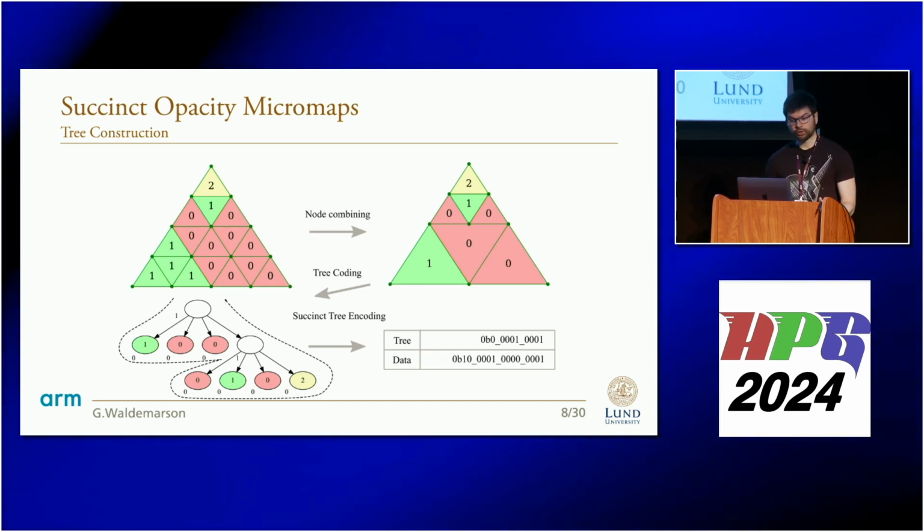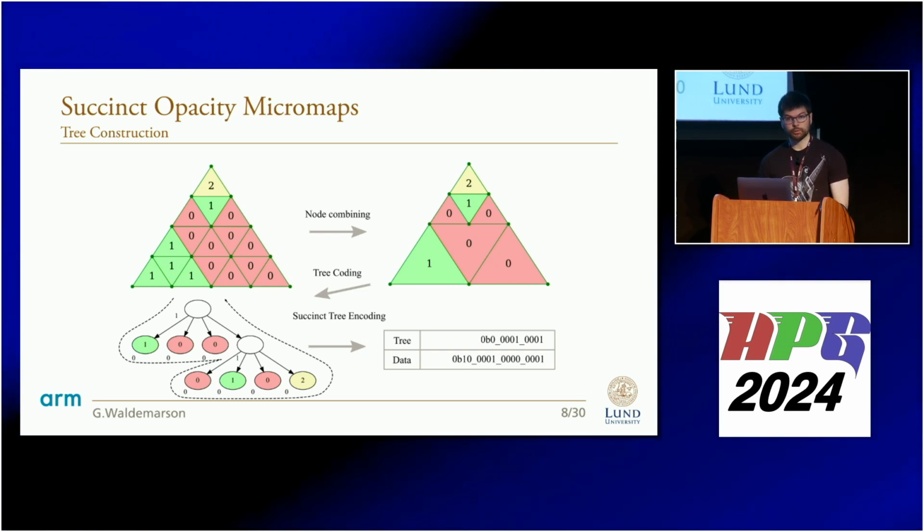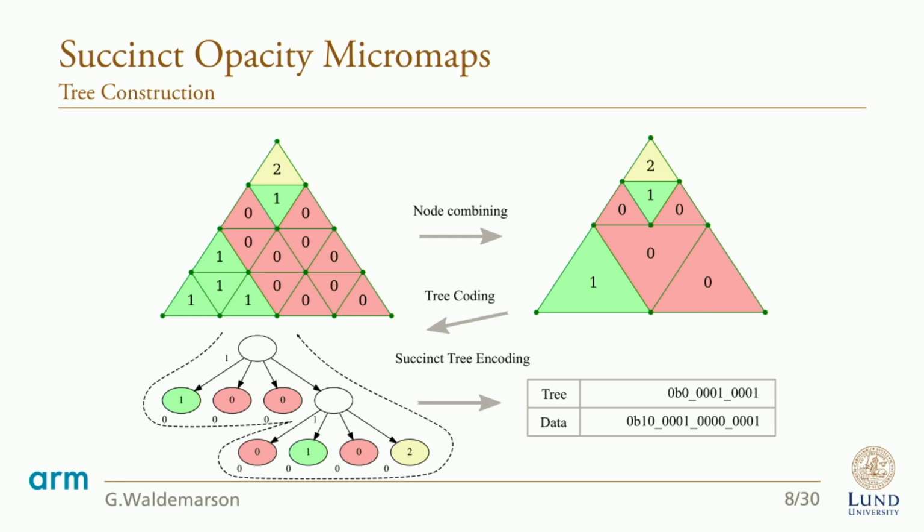And one way of creating such a structure is by traversing the tree in depth-first fashion, setting a bit to 1 for every internal node that you pass through, or 0 for every leaf node. The resulting bit string will then uniquely represent the tree, and any node data that you have, such as the opacity values in our case, can then be tucked on at the end of this bit string, thus representing a micromap.